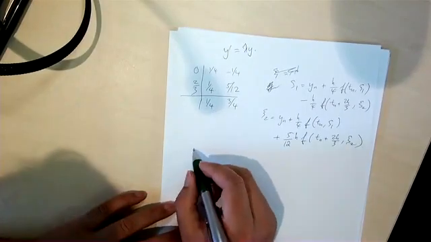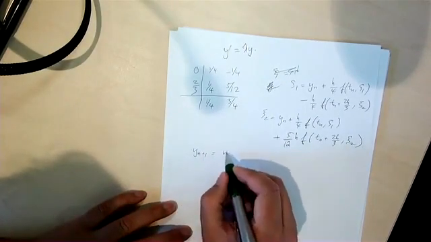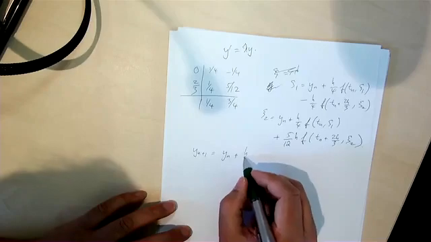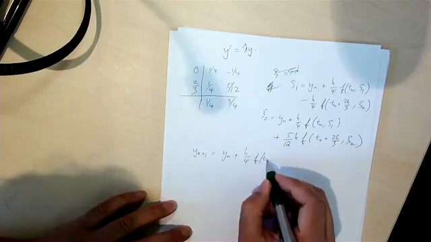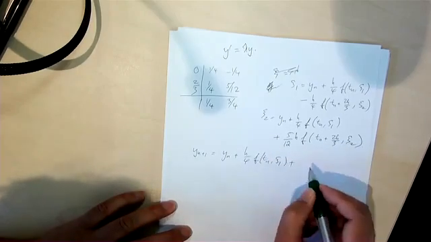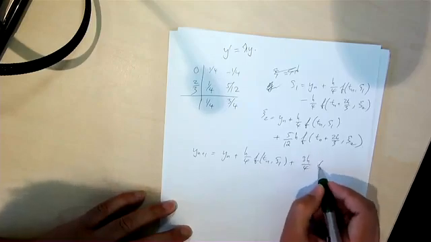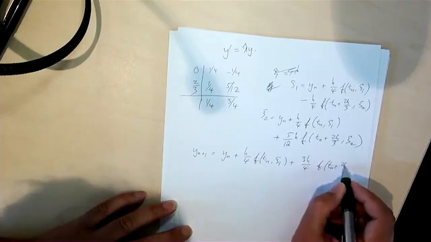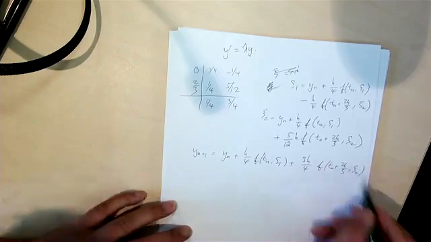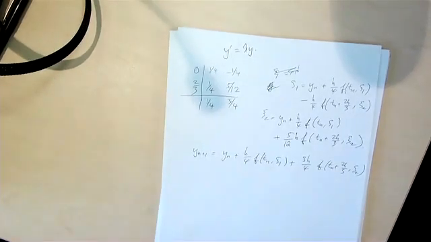And then yn plus 1 will be yn plus h/4 f of Tn xi1 plus 3h/4 f of Tn plus 2h/3 xi2. So this is a general formula for this tableau.